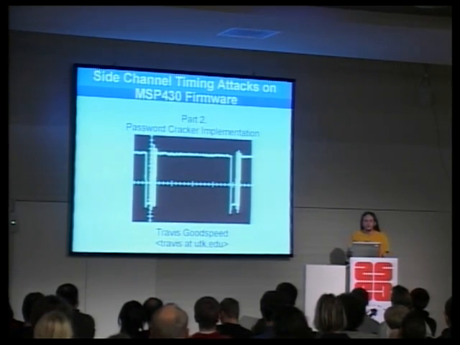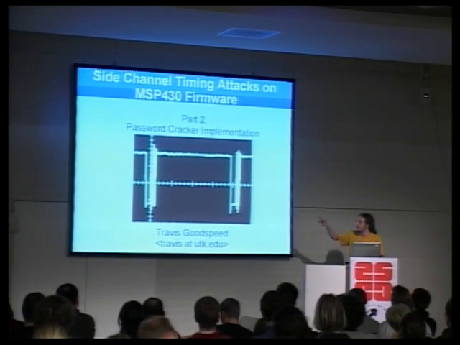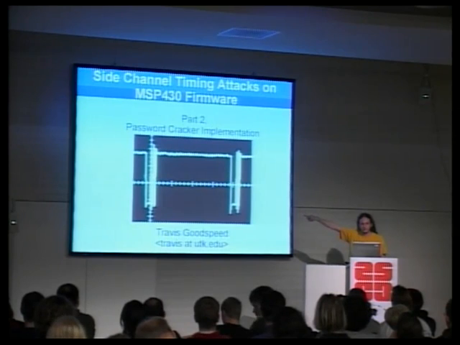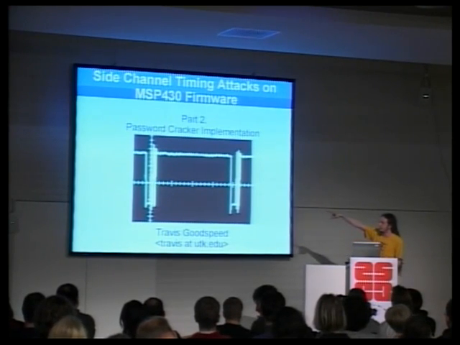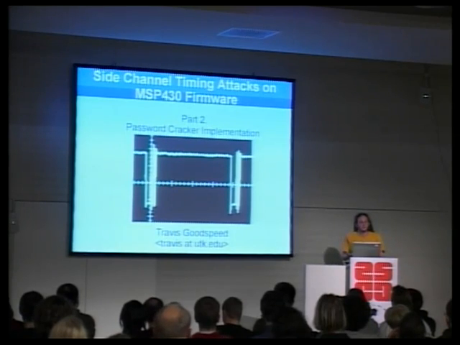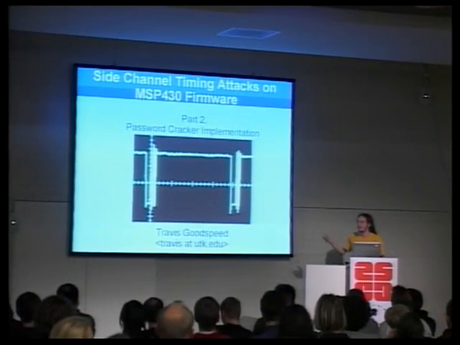By using non-standard timing, you can make it such that the only thing affecting the difference between these two waveforms, that's like the end of the first and the beginning of the second, is how correct the password guess is. And you can make this distance vary by 2 clock cycles per correct byte of your guess.